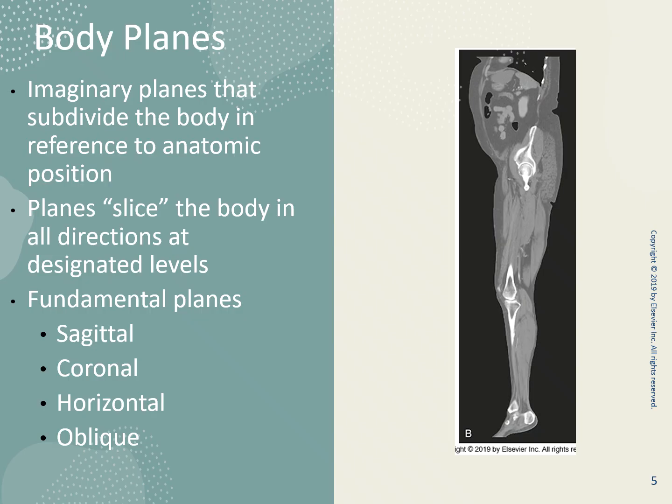So both the belly button and the spine are in the same sagittal plane. The special name for the middle sagittal plane that is halfway between your left and your right side is called the mid-sagittal plane. All planes parallel to the mid-sagittal plane are also sagittal, but there's only one mid-sagittal plane.